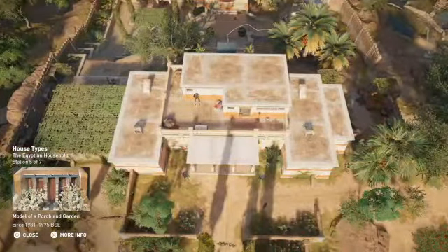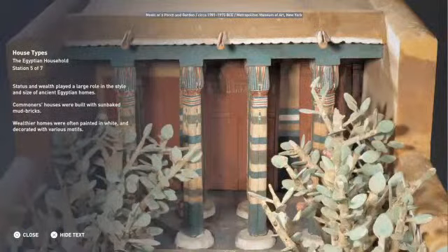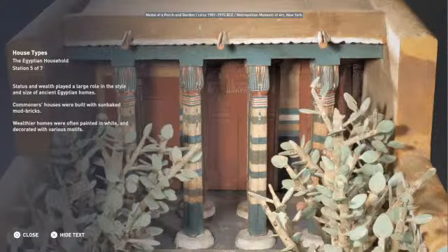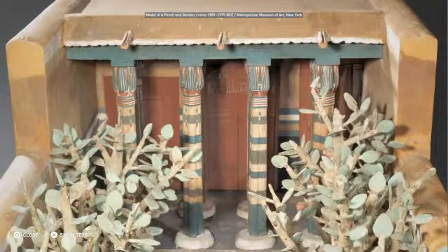So you could pretty much tell who were the rich people in the cities of ancient Egypt and who were the poor ones, because the rich houses would be painted like this in this picture, circa 1981 to 1975 BCE, Metropolitan Museum of Art in New York.